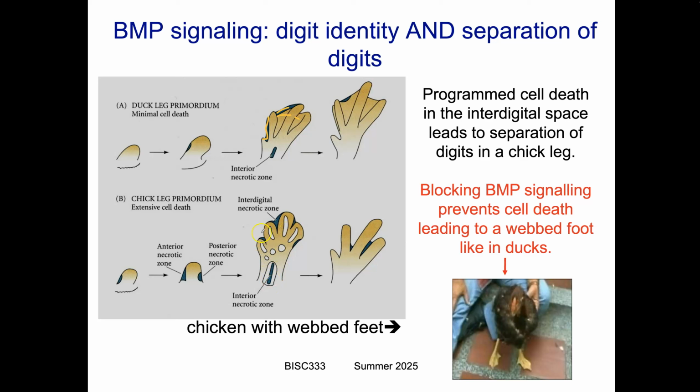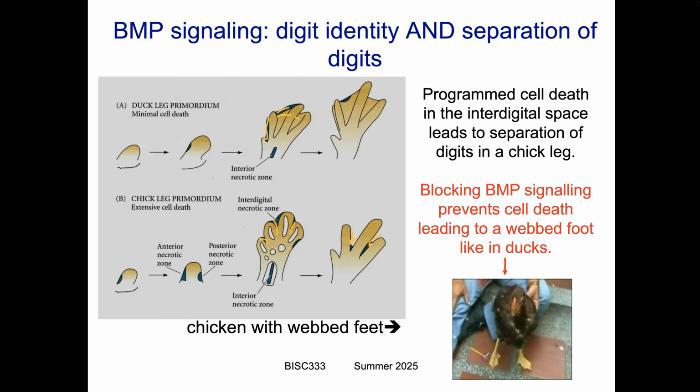Whereas in the chick embryo, the programmed cell death extends much further, and it reaches down into these interdigital spaces and leads to the loss of the cells in there, so that the chick feet can have separated toes.